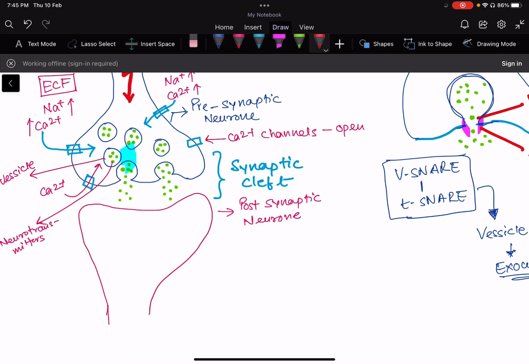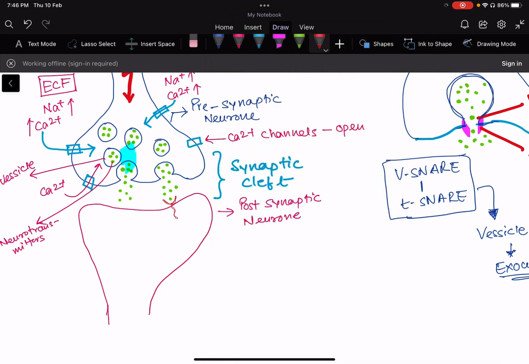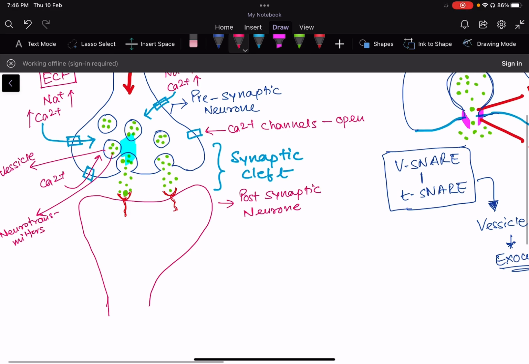Now there are some receptors in here with which these neurotransmitters can bind. These are the neurotransmitter receptors.